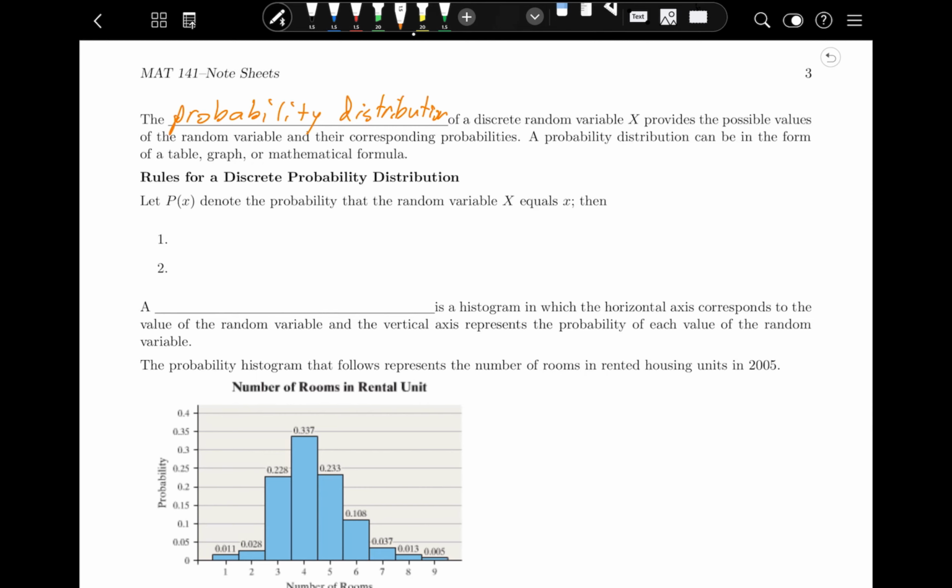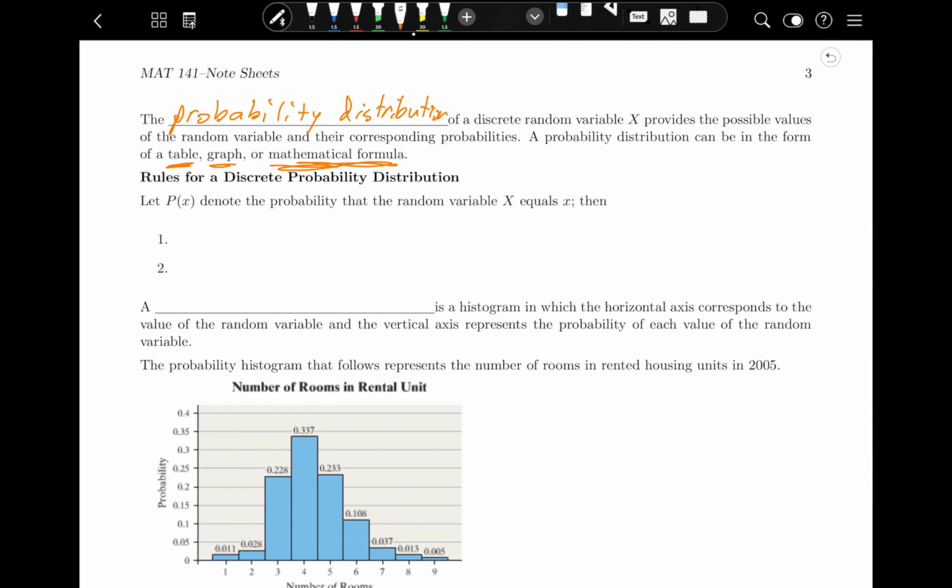We've seen probability distributions previously, and they've always been as a table or a graph. The mathematical formula is one that we're going to use in sections 6.2 and 6.3 with the binomial probability distribution and the Poisson probability distribution. But the rules are the same for all of them.